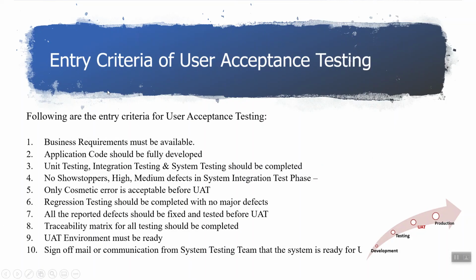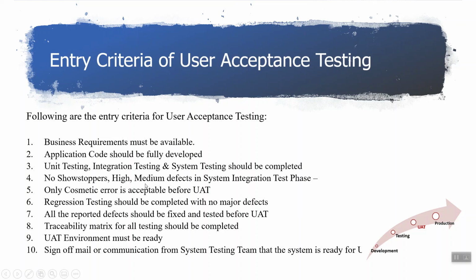The next is entry criteria for user acceptance testing. There are different entry criteria for user acceptance testing. The first one is that business requirements must be available to test our product against the business requirements. The second is that application code should be fully developed. Unit testing, integration testing, and system testing should be completed before the acceptance testing.